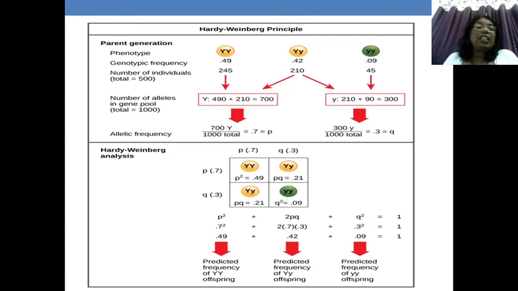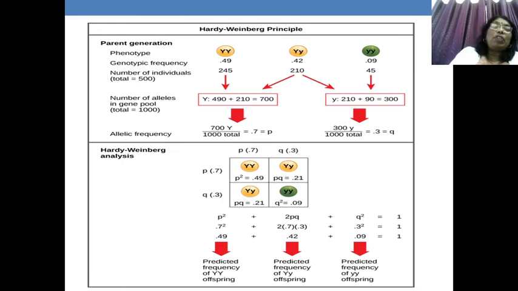Then the question arises: when F2 is produced, in a checkerboard we normally find that P and Q are nothing but factors. Their union results in capital Y capital Y, meaning 0.7 times 0.7, 0.49.